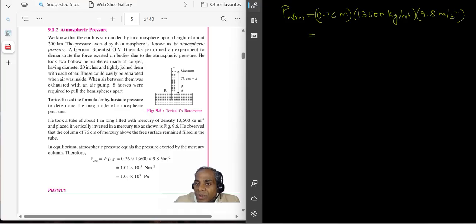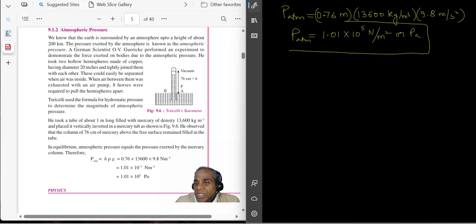So if we calculate this, it comes out to 1.01 into 10 raised to 5 Newton per meter square or Pascal. So this is equal to 1 atmosphere.